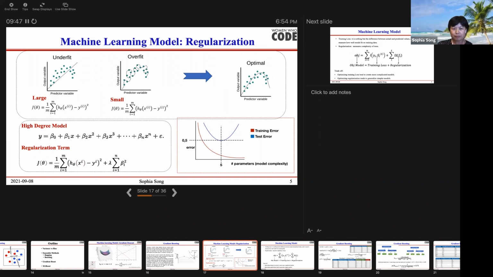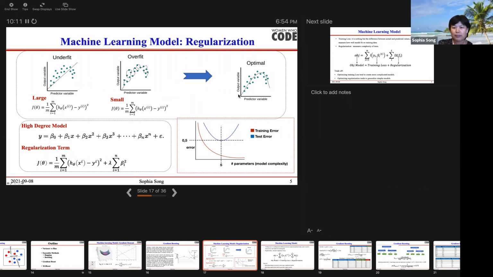However, when new data comes in, it's not accurate at predicting it, because your model structure may emphasize some noise information. It's not a general pattern.